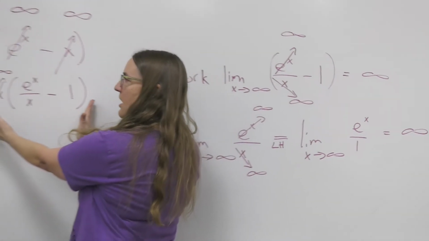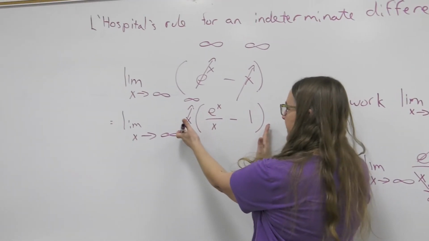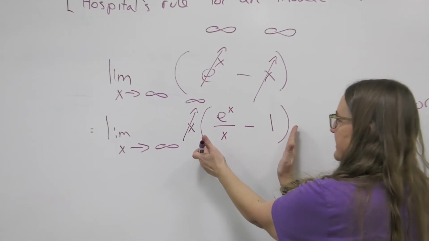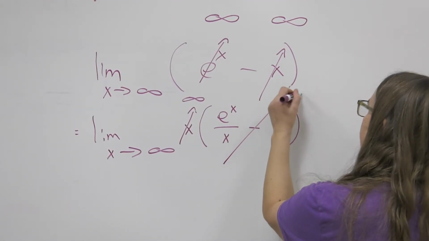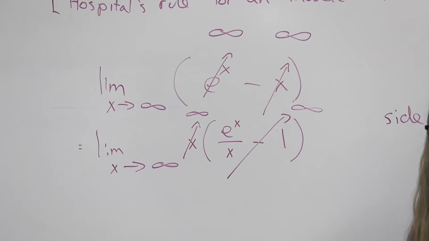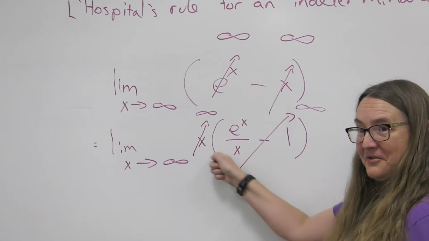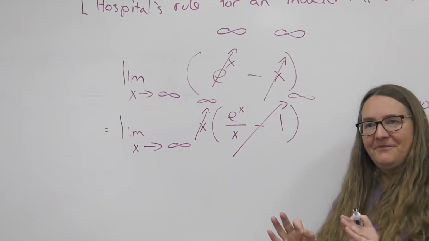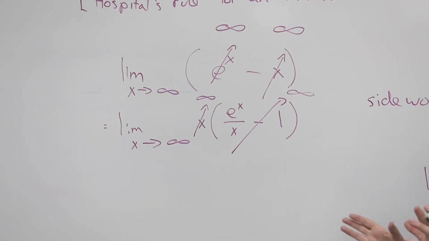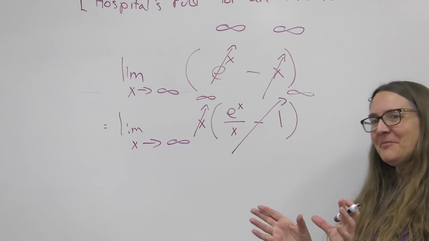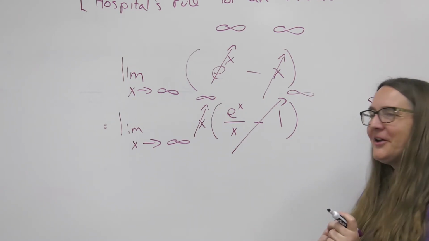Which means over here, where we had the product of x times e to the x over x minus 1, we've just determined that that piece is going to infinity. Now notice I'm being very careful to just use arrows here. I'm not writing infinity times infinity because multiplication is an arithmetic operation that's defined for numbers, and infinity is not a real number.